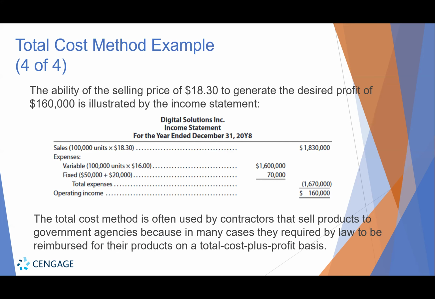The ability of the selling price of $18.30 to generate the profit is shown here. We show our sales minus our various costs, and that's what our income we want to have plays out.